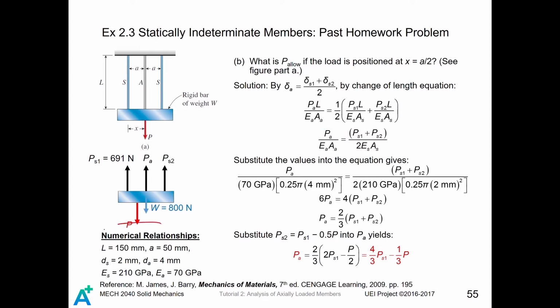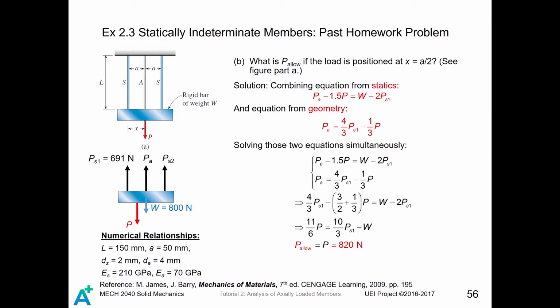Substituting all our data into this equation, we can have a relationship saying that the load of the aluminum wire is 2/3 of PS1 plus PS2, the load of the two steel wires. Then we do another substitution to get this result. From geometry, we just get this equation. From statics, we have this equation. Combining those two equations will give you the answer of the allowable load, which is 820 newtons.